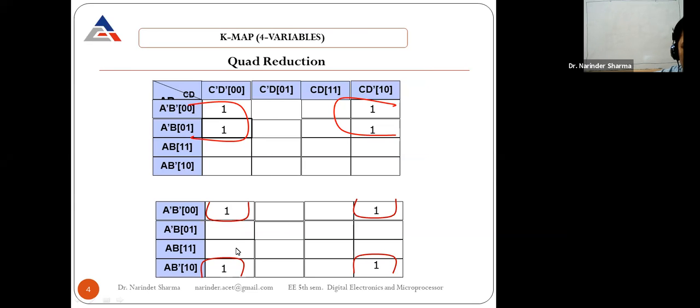One at this corner, one at this corner, one at this corner, one at this corner. It means you have folded it horizontally as well as vertically together. So in this way, we can also go for the quad. In this way, various reductions can be made in the K-map.